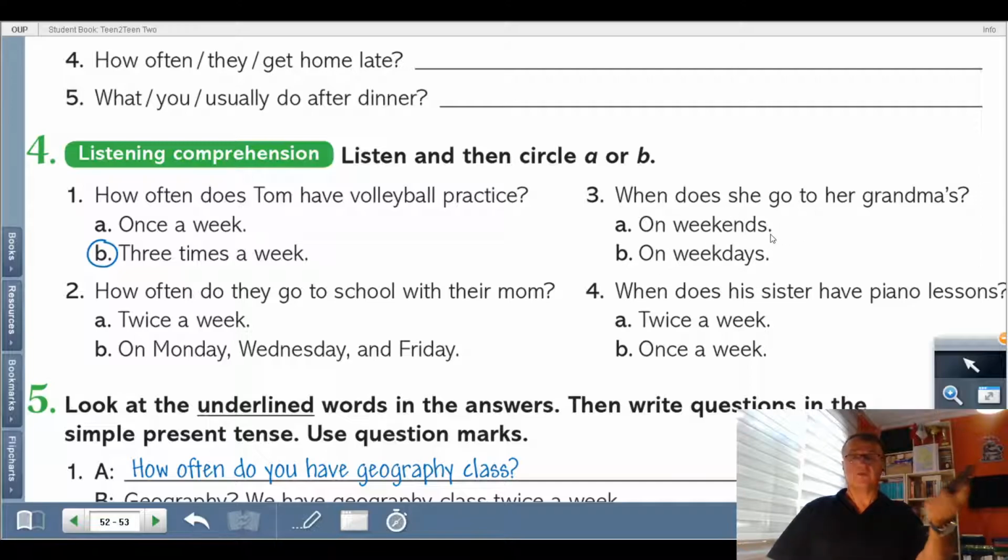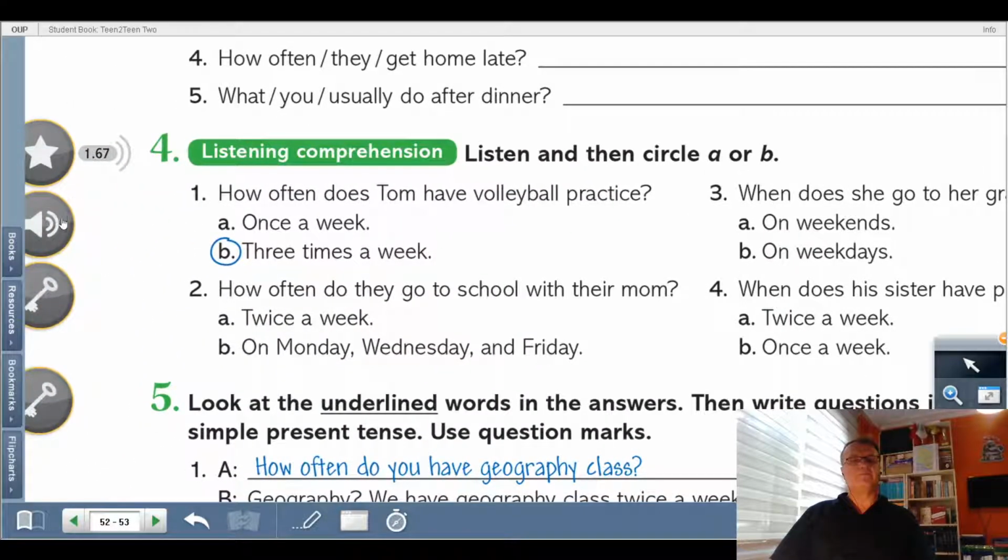Sorry, that's Saturday and Sunday. I misled you. On weekdays means Monday to Friday. On weekends, Saturdays and Sundays. 4. When does his sister have piano lessons? Twice a week or once a week?